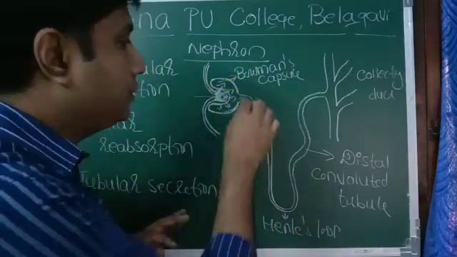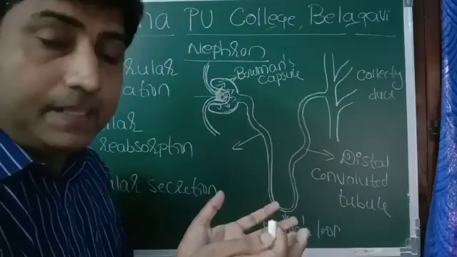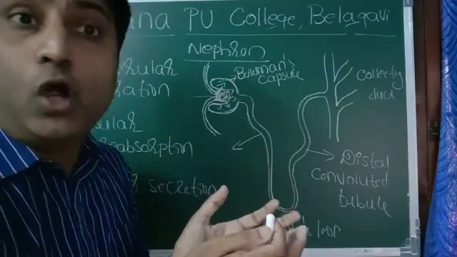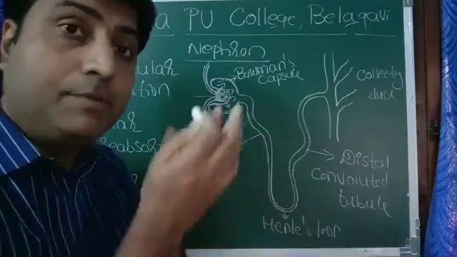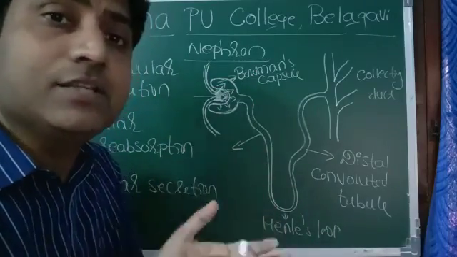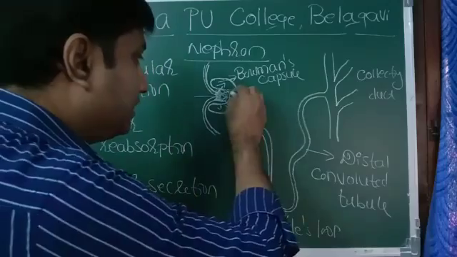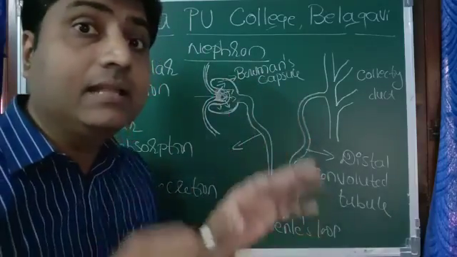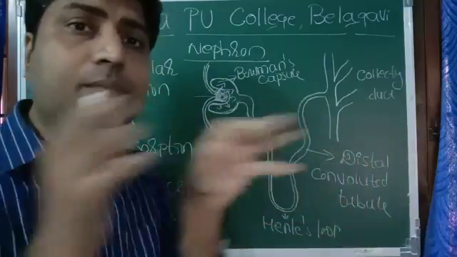Now, as I mentioned, the filtrate that comes here is called primary urine. It is not the final urine. It should not go out of the body as it is because it contains many of the essential things. So as it passes through this PCT, loop and all that, the essential things should be reabsorbed.